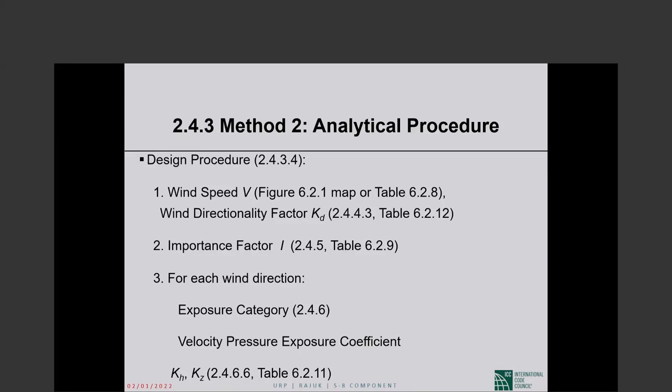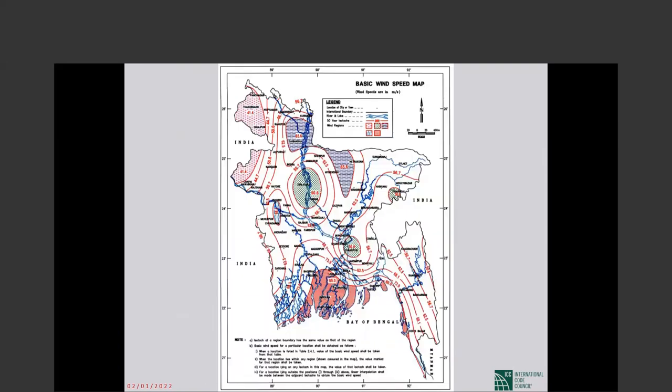You find the importance factor by going to table 6.2.9. For each wind direction, you have to have the exposure category, and then the K sub Z factor, the combined height and exposure coefficient. They're calling it the velocity pressure exposure coefficient. So let's look at some of that.